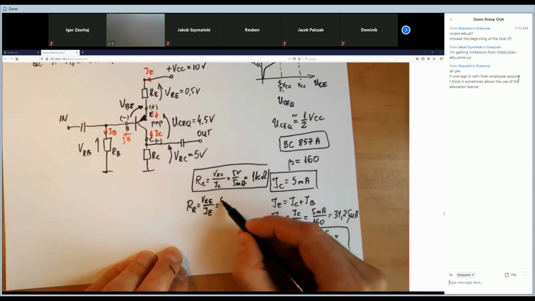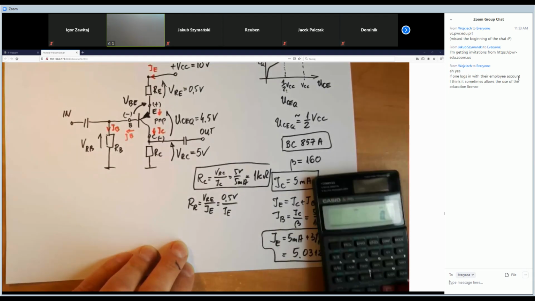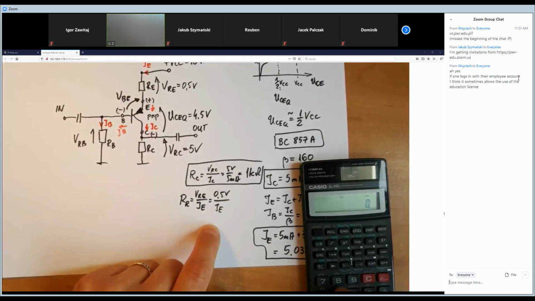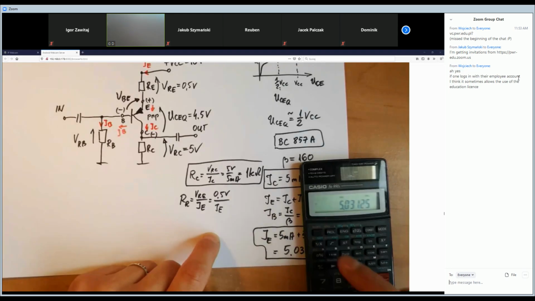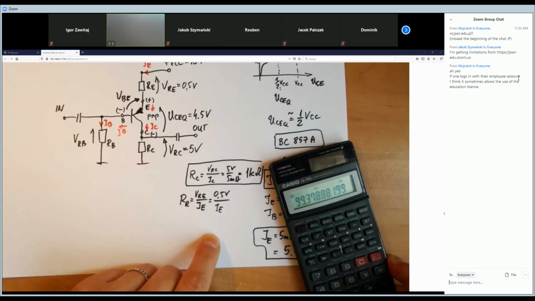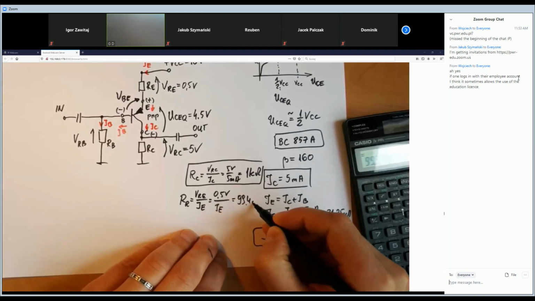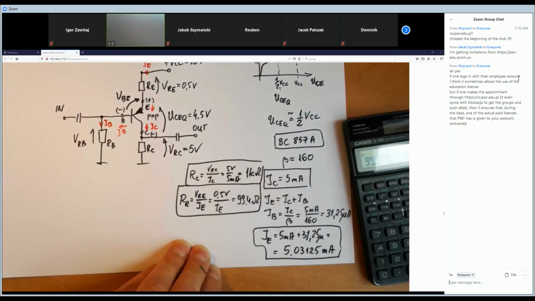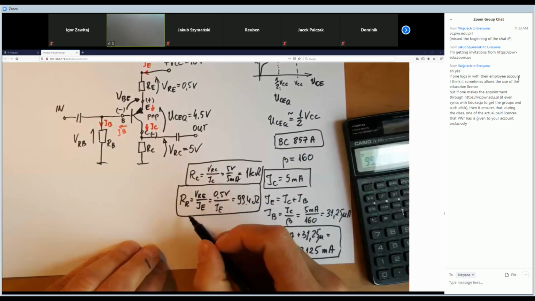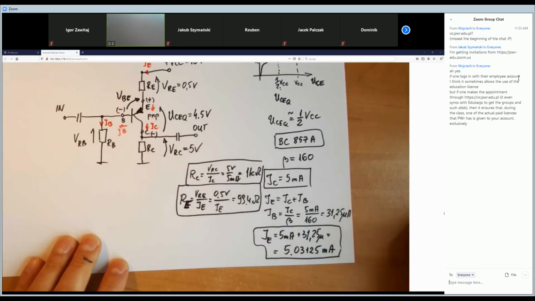This is 0.5 volts over IE. 0.5 over 5.03125 milli. As you see, this is around 99.4 ohms. So we've got the RE resistance. Great.